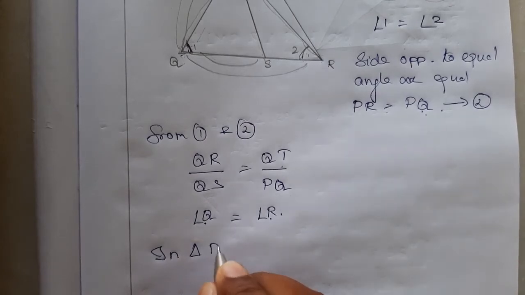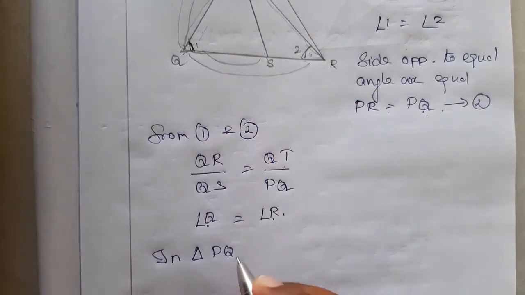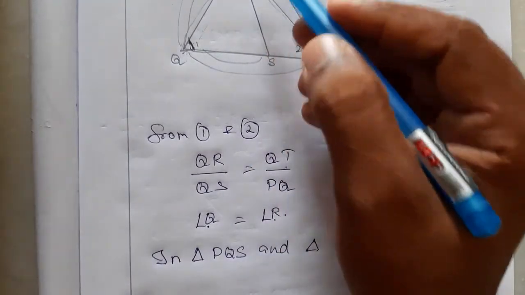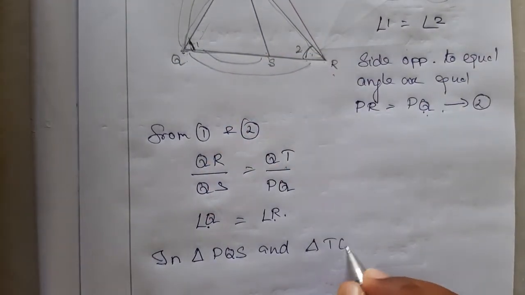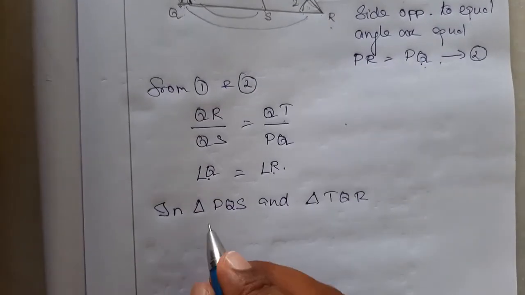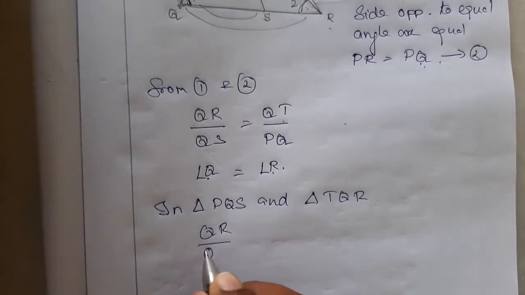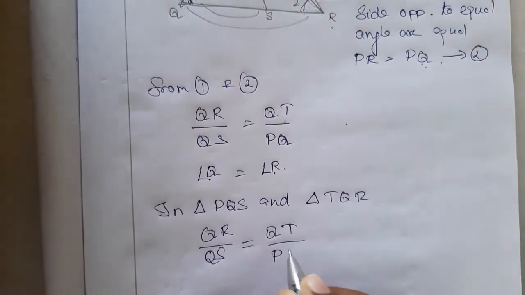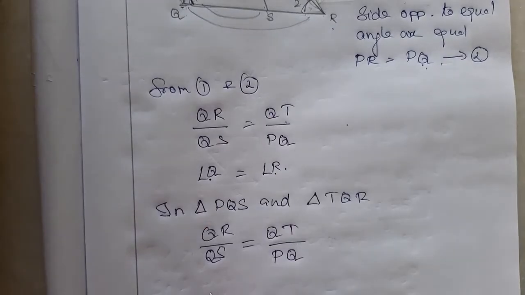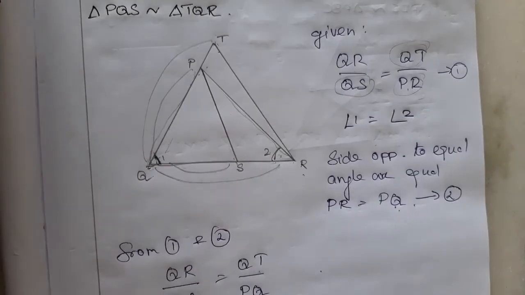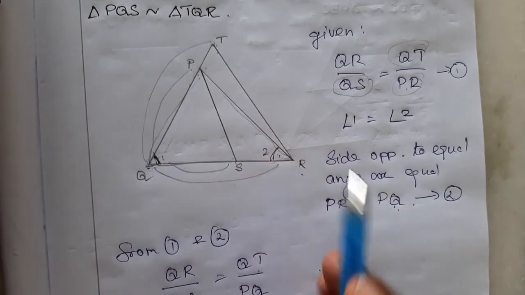So in which triangles are we considering? Triangle PQS and triangle TQR, right? So this is the one thing we have proven, that QR by QS is equal to QT by PQ, and angle PQS and angle TQR are the same.